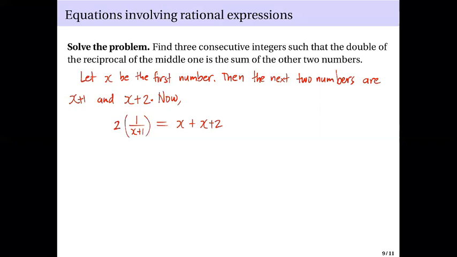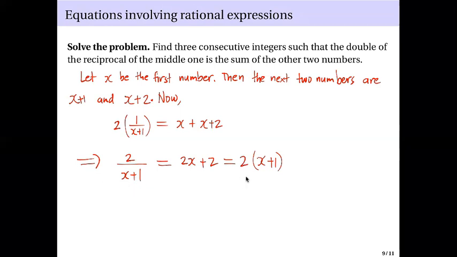Okay, and then let us simplify things here. You have your 2 over x plus 1 equal to 2x plus 2. But notice this one here, you can factor out the 2. You will get x plus 1. The 2 here will cancel the 2 here.